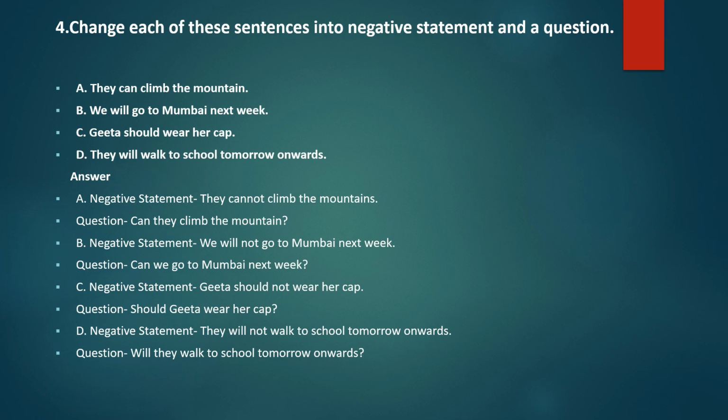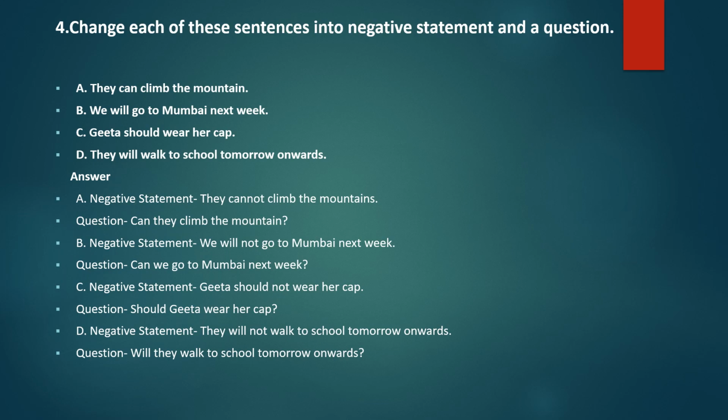In question form, first we will write the modal and after that subject, then main verb, then the remaining part. Can we go to Mumbai next week? And don't forget to put the question mark. Always put the question mark after the question.